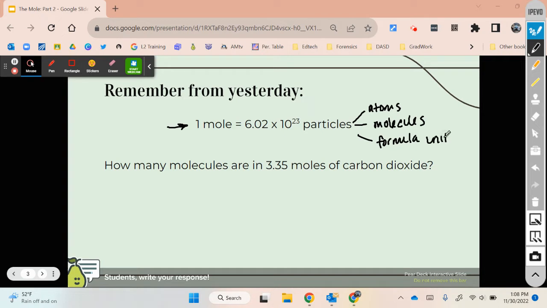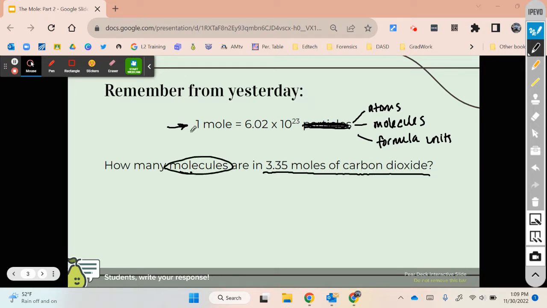So any of these terms can take the place of particles, okay, in this conversion factor. I can sub in whatever word I need to. But I always will remember that 1 mole is equivalent to 6.02 times 10 to the 23rd atoms or molecules or formula units.